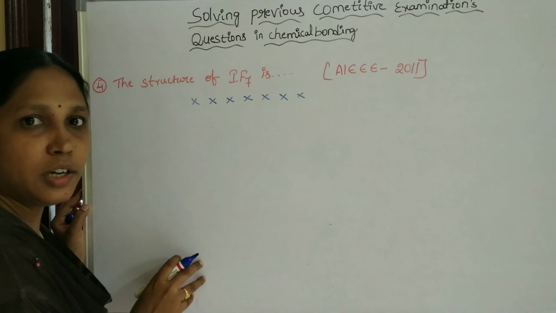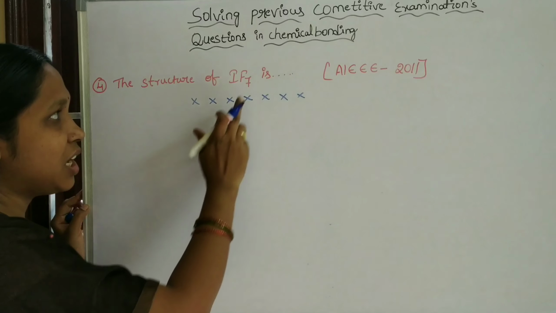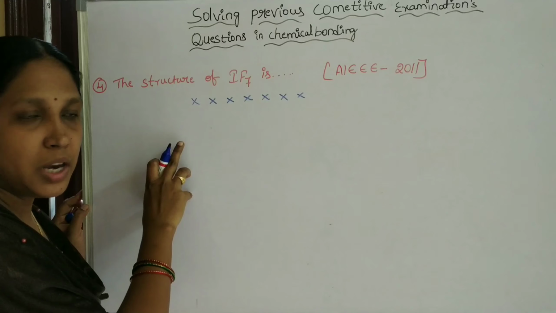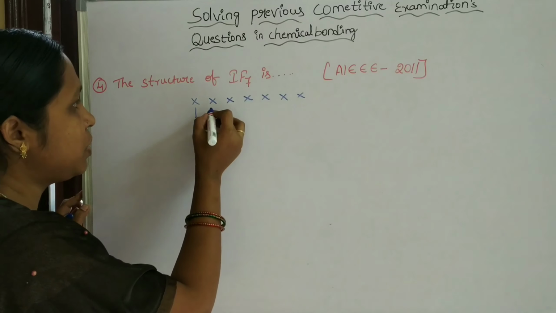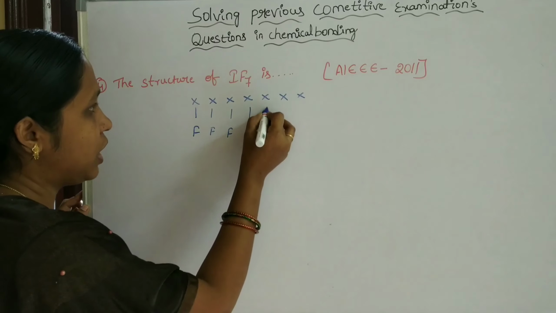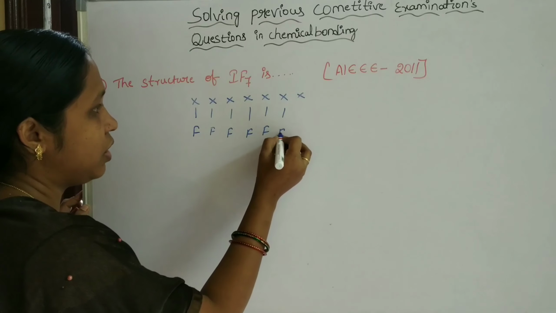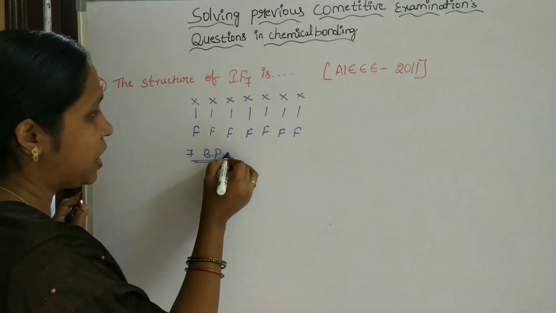Fluorine is also a 7th A group element with valency 1, so each fluorine combines with one single electron of iodine. How many fluorines are there? 7 fluorines. So 7 fluorine atoms form 7 sigma bonds, meaning 7 bond pairs.